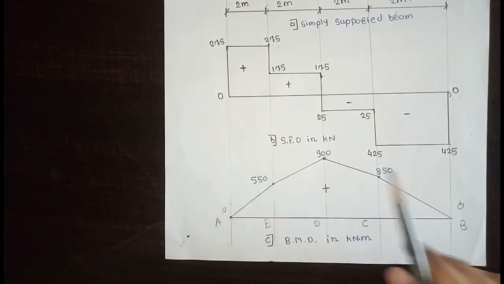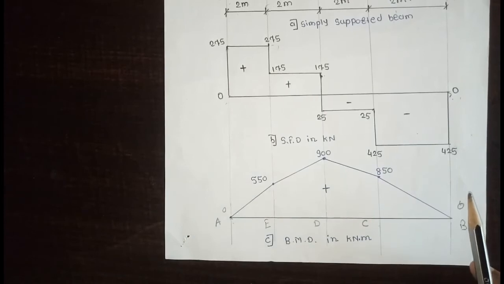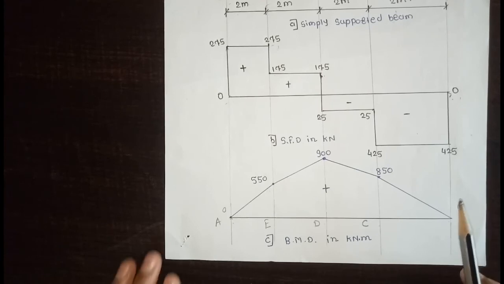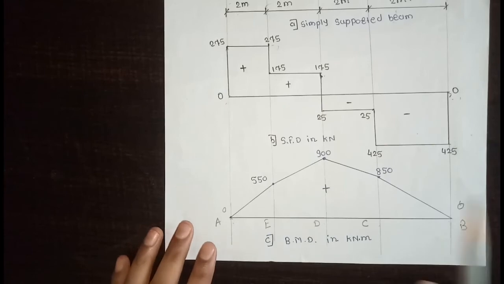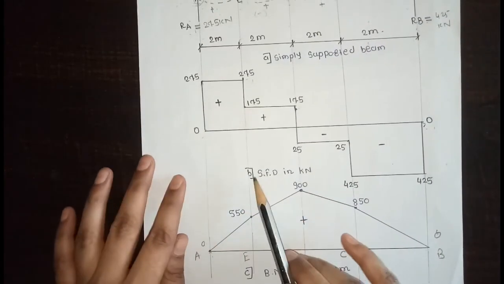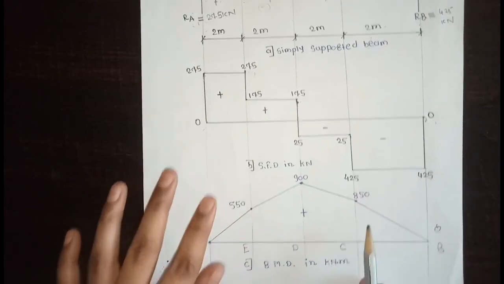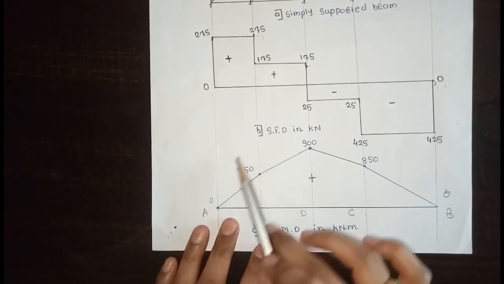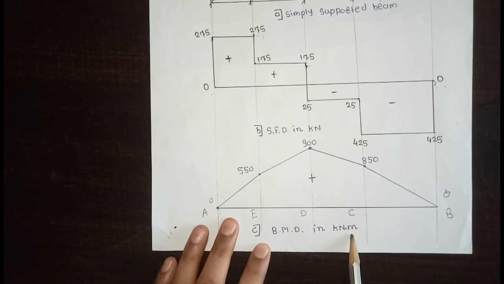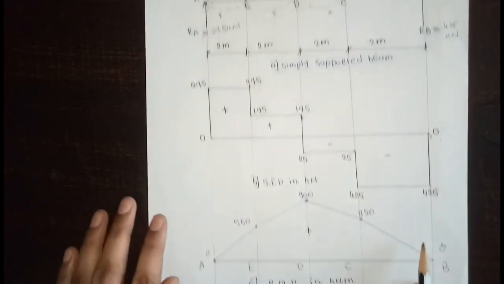In the shear force diagram, all the values are in kilonewton, and in the bending moment diagram, all the values are in kilonewton meter.